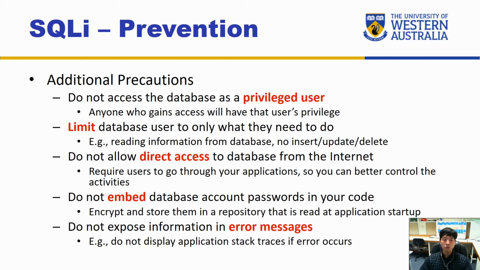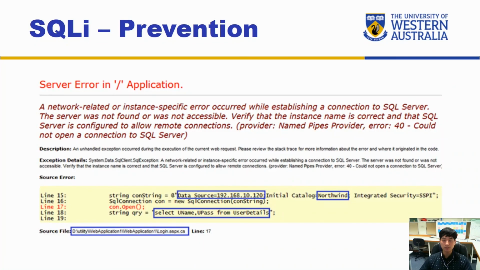Okay, and do not expose information in error messages. Something like this is really exposing a lot of information, like, okay, this guy has a table named user details and has two columns called username and upass. We have some catalog, we have the address, and the source is located on this particular line.